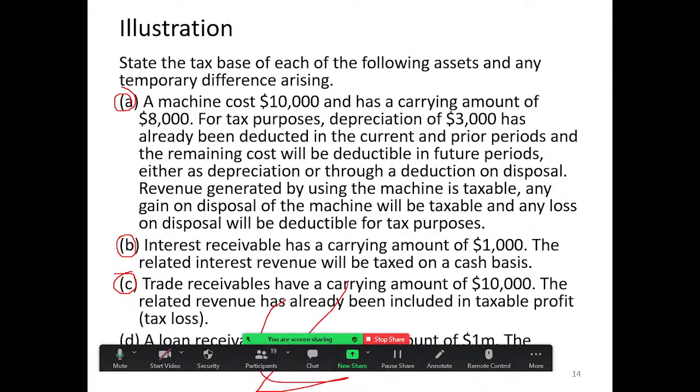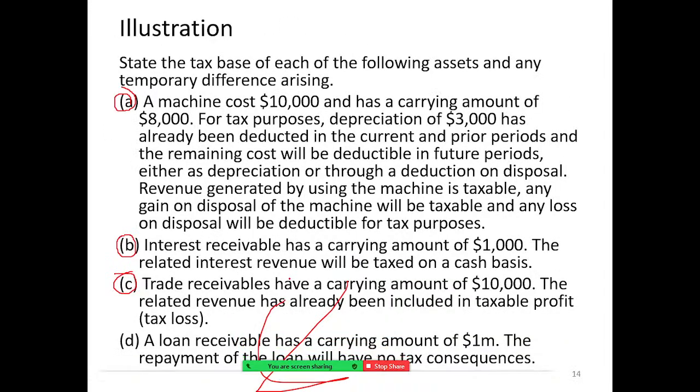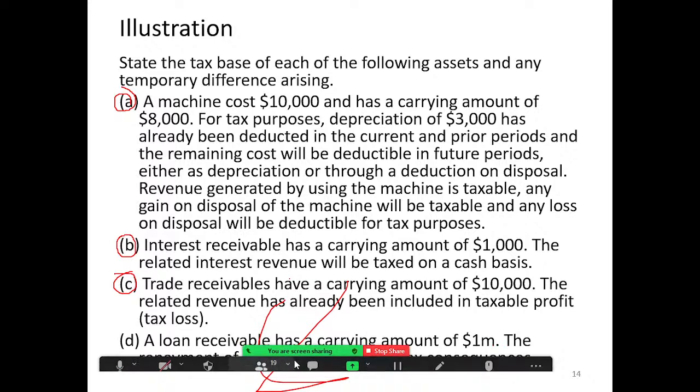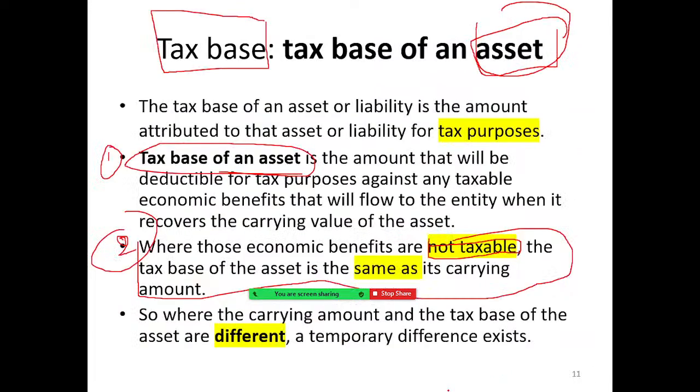Right? And loan receivable. Loan receivable has a carrying amount of 1 million. The repayment of the loan will have no tax consequences. Look at this one: where those economic benefits are not taxable, the tax base of the asset is the same as its carrying amount.